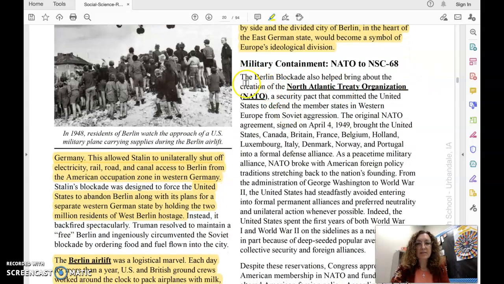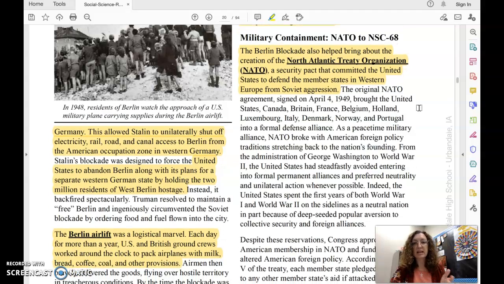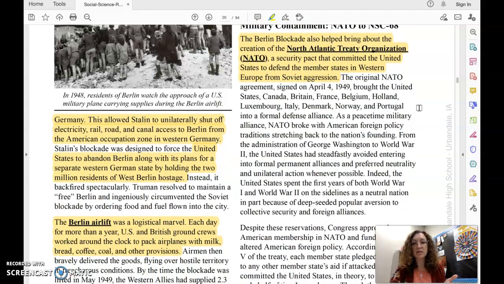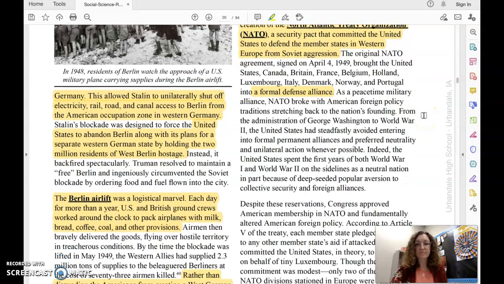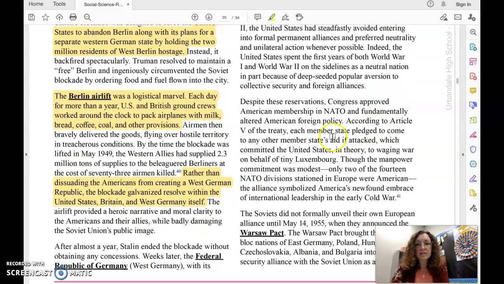Okay, so after this we have the North Atlantic Treaty Organization. This basically is a security pact that says the United States will defend any other member nation against an invasion or aggression by a Soviet aggressor. So this is a formal defensive alliance, okay? This is probably the vital part of this.